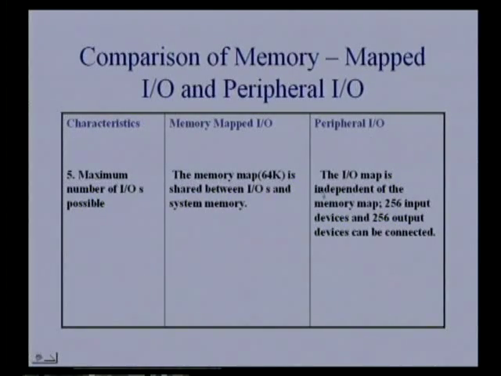Whereas in peripheral IO, the IO map is independent of the memory map, that is, 64 kilobytes can safely be used with memory. Along with that, 256 input devices and 256 output devices can be connected.